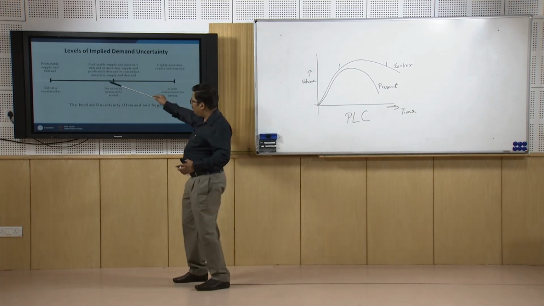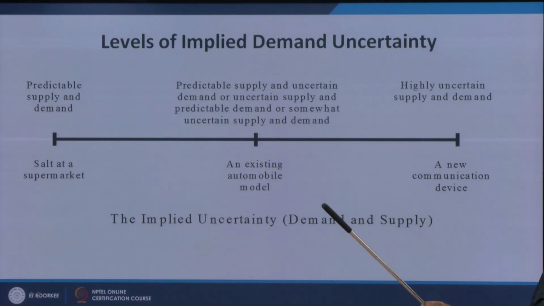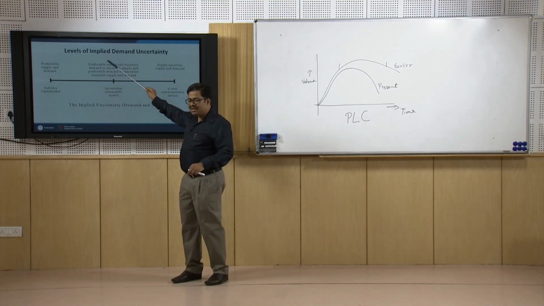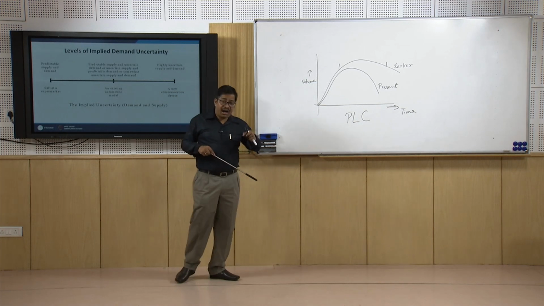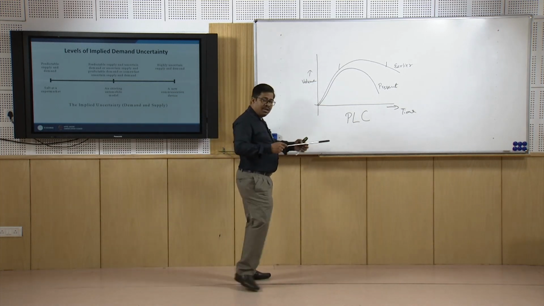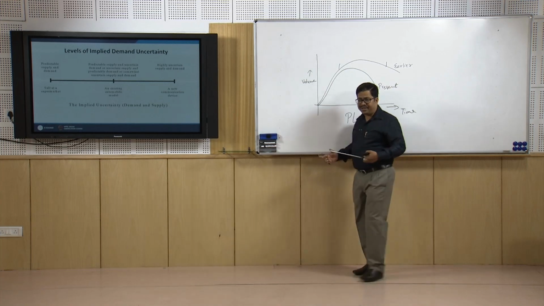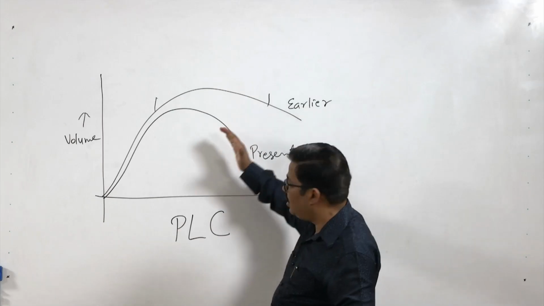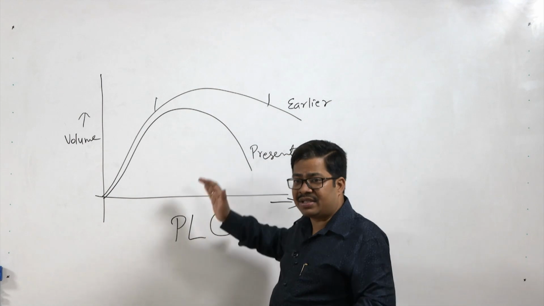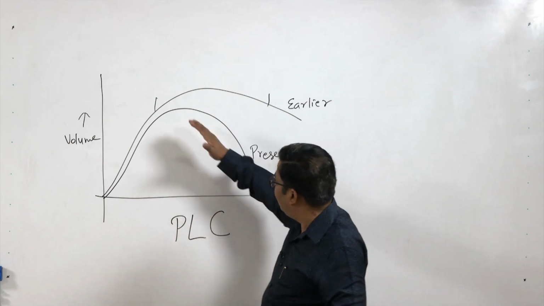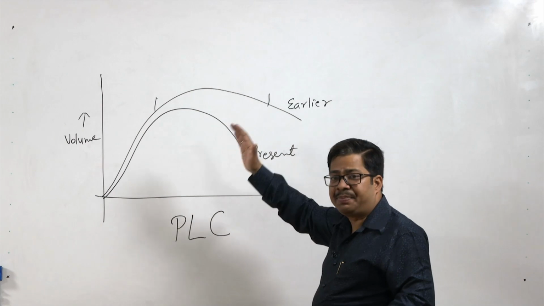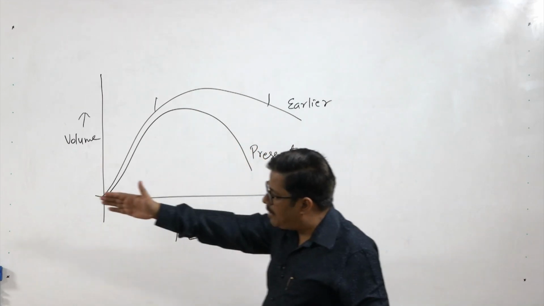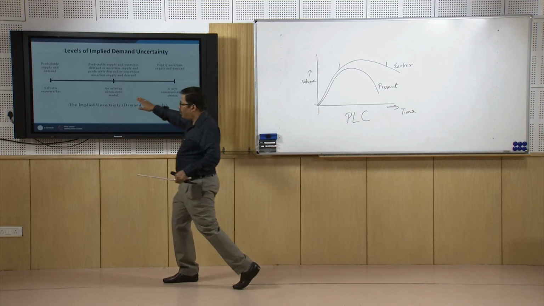But here, in the central location, you have some uncertainties in your supply chain, either on the supply side or the demand side. This is a very hard earned position, because in the current environment of innovation, where PLCs are continuously shrinking, you are able to maintain a longer PLC for these products, and only then is this type of positioning possible for your products.